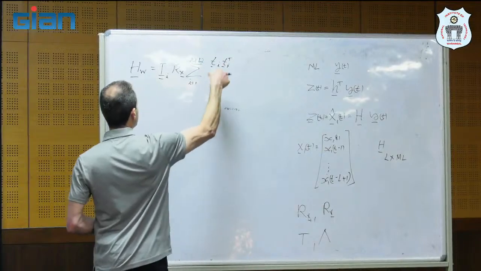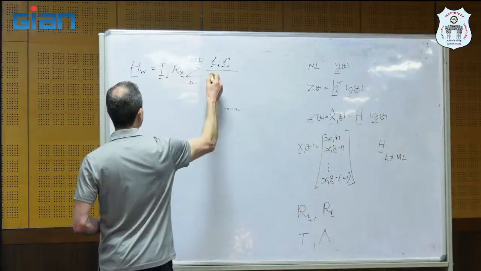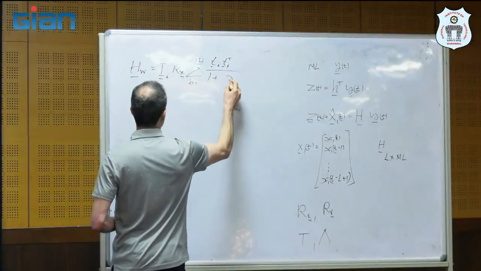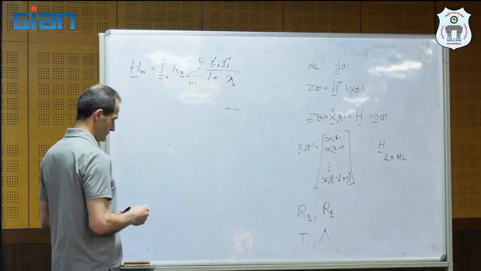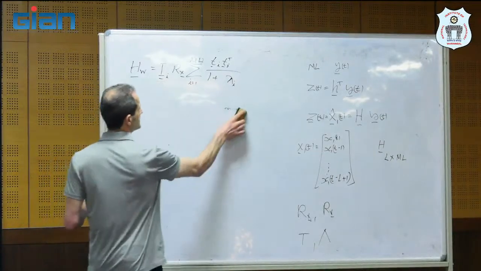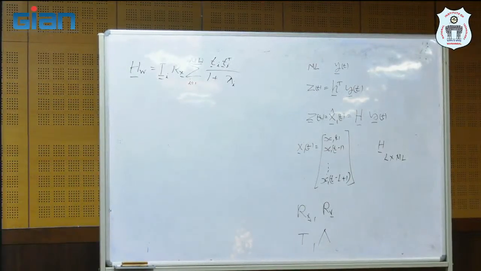These are the eigenvectors, generalized eigenvectors, so the columns in the matrix T, over 1 plus lambda i. Very nice. This is a Wiener filter. Wiener filtering matrix.